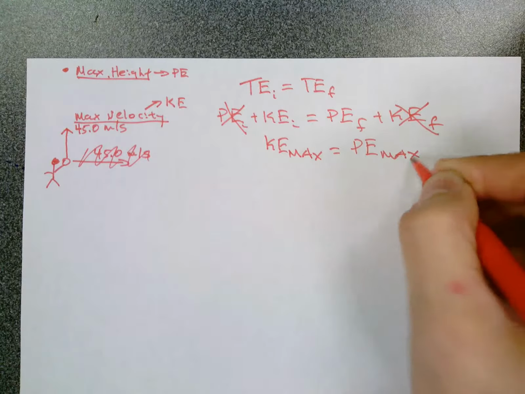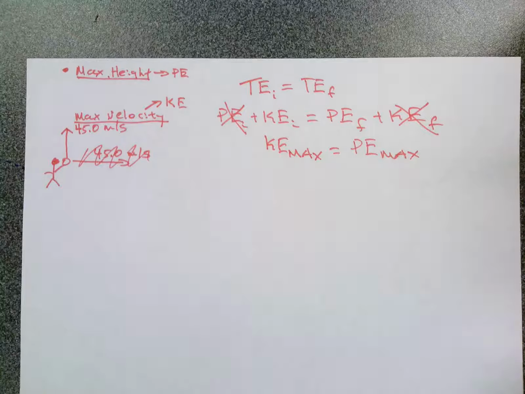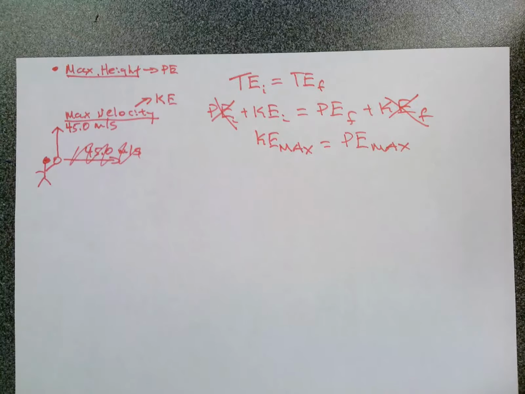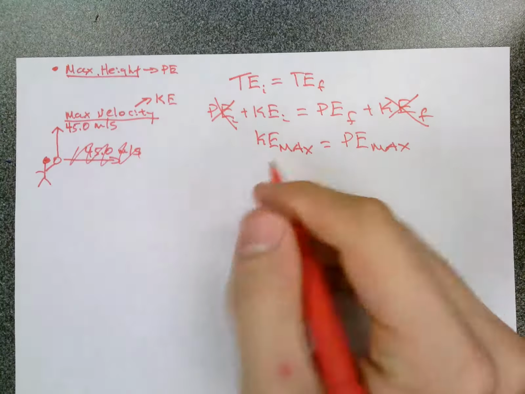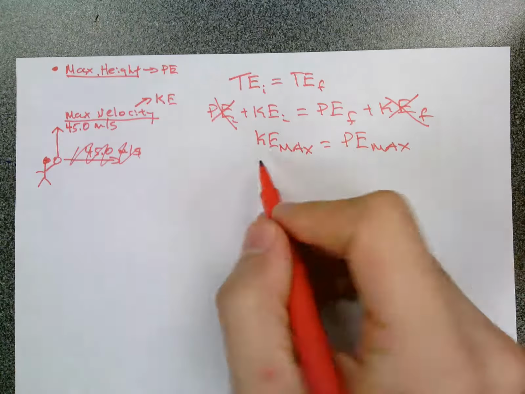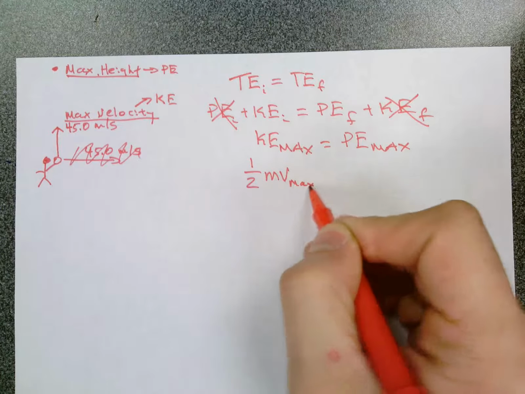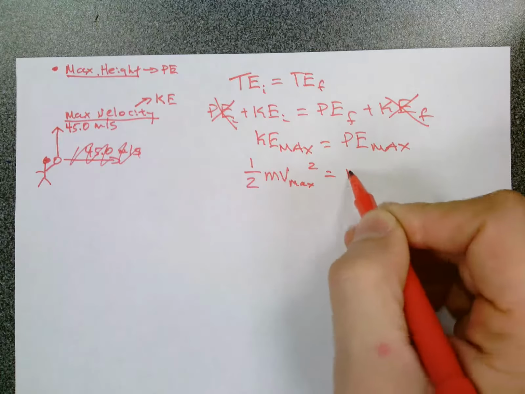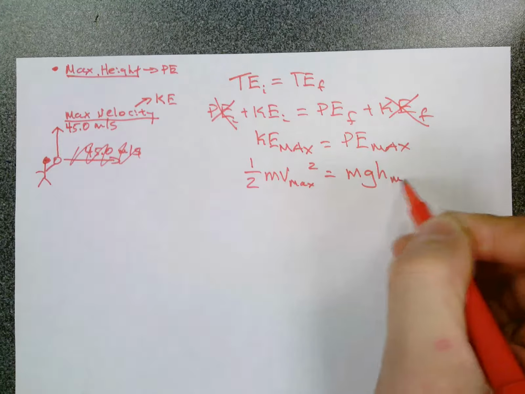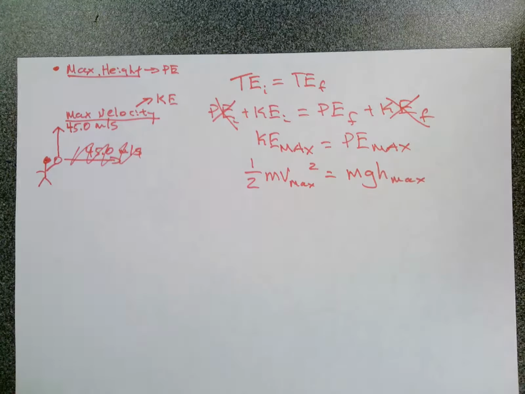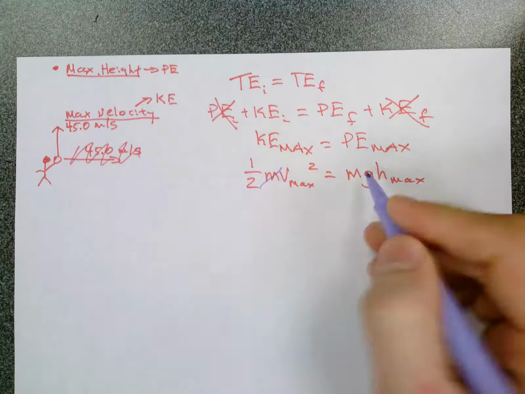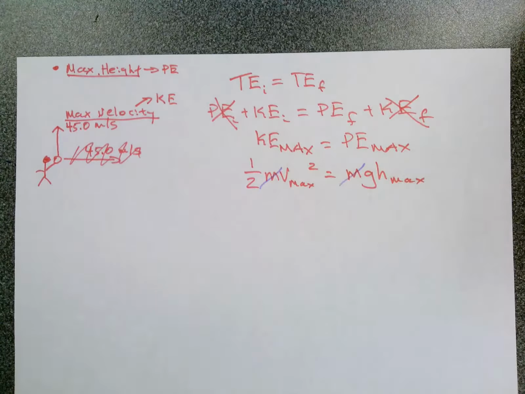So we end up comparing maximum kinetic energy and potential energy. In this case, we'll just plug in what we have: 1/2 m v max squared is equal to m g h max. As you can see, on both sides of the equation we have masses, so they can cancel out.